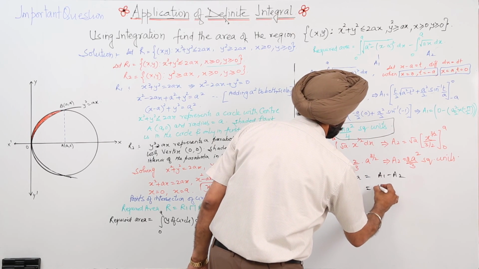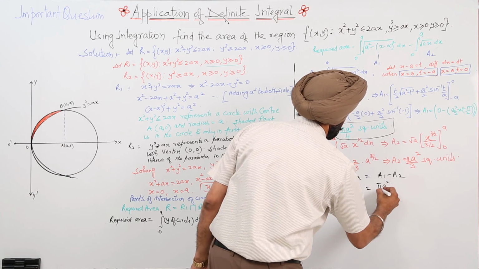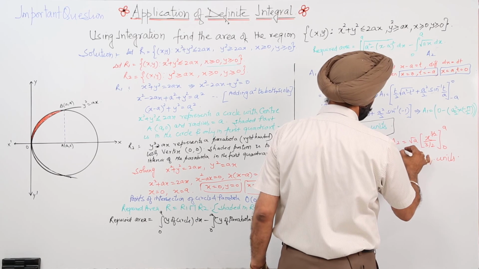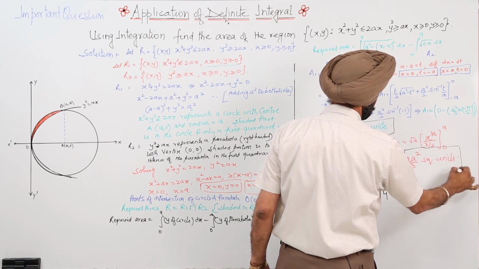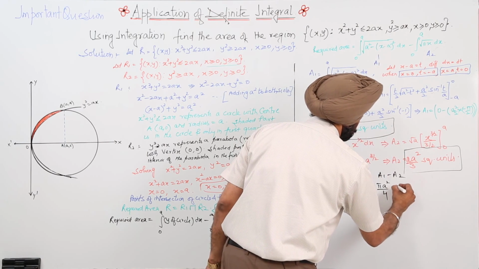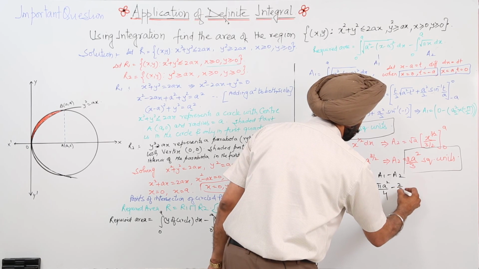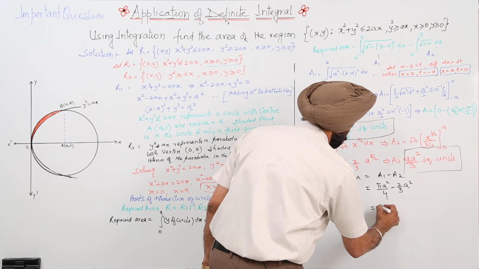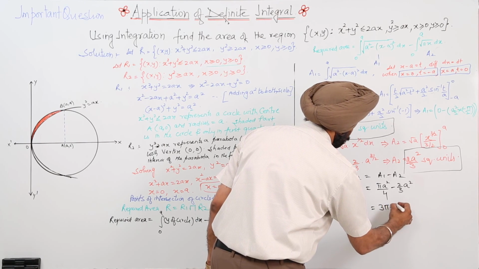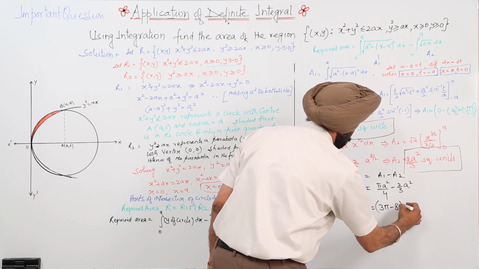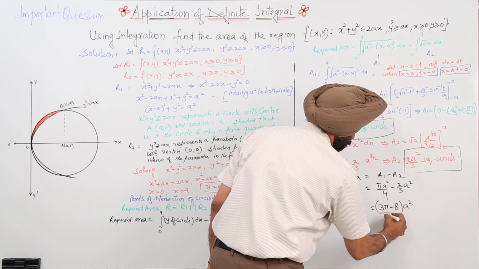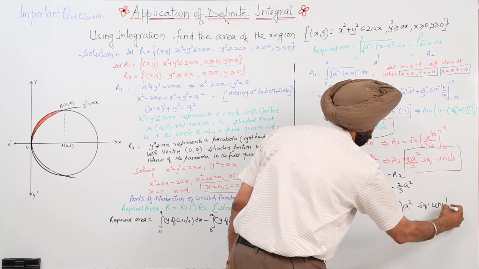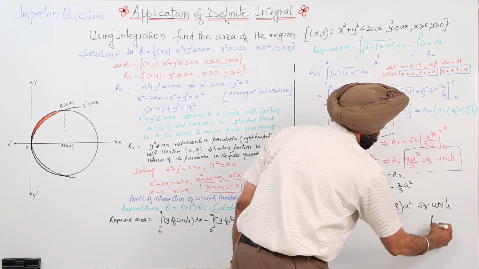So it is πa²/4 and A2 is this one, minus (2/3)a², and this is equal to (3π − 8)a²/12 square units, and this is the answer.